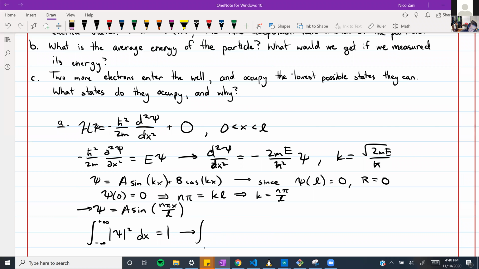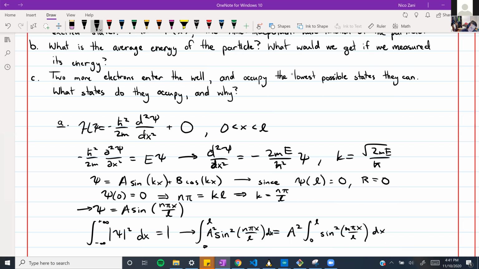So this is actually the integral from 0 to L of A squared sine squared of n pi x over L dx. This is A squared times the integral from 0 to L of sine squared of n pi x over L dx.